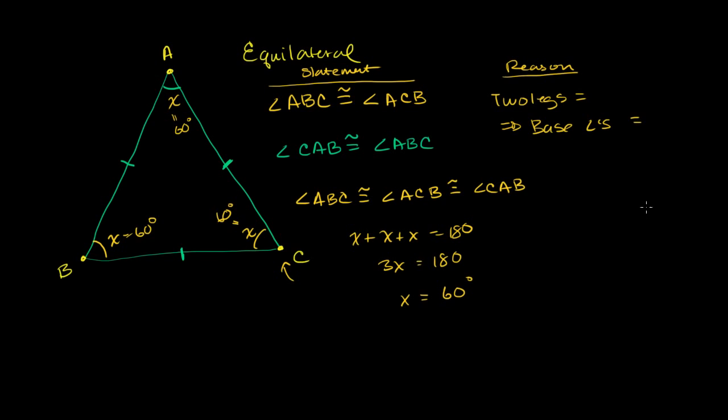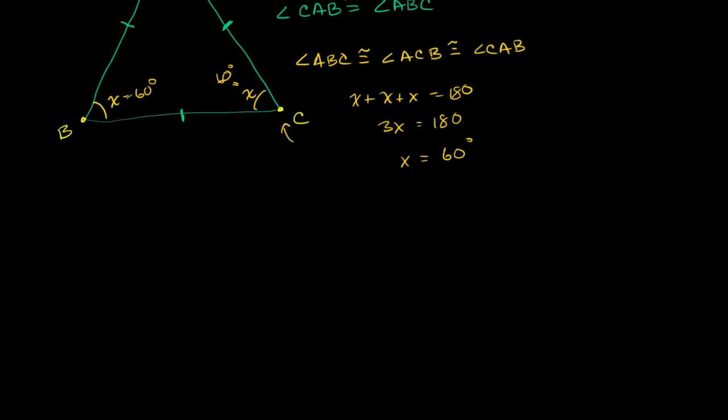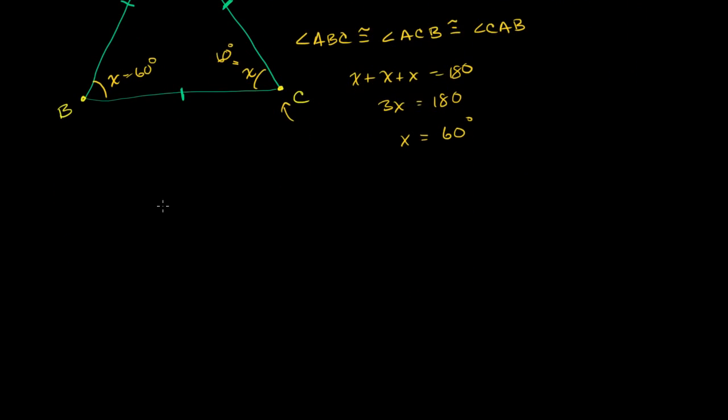Now let's think about it the other way around. Let's say we've got ourselves a triangle where all of the angles are the same. So let's say that's point X, point Y, and point Z, and we know that all the angles are the same. So we know that this angle is congruent to this angle is congruent to that angle.